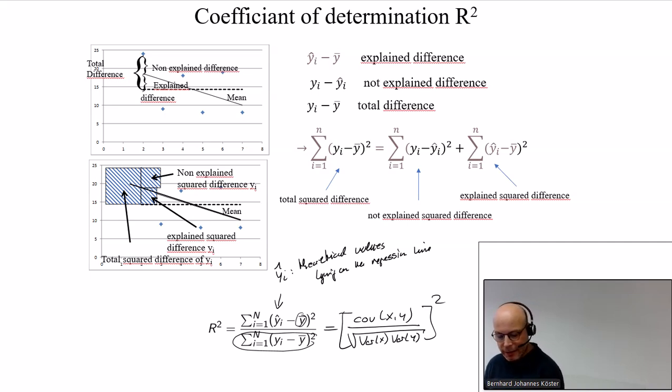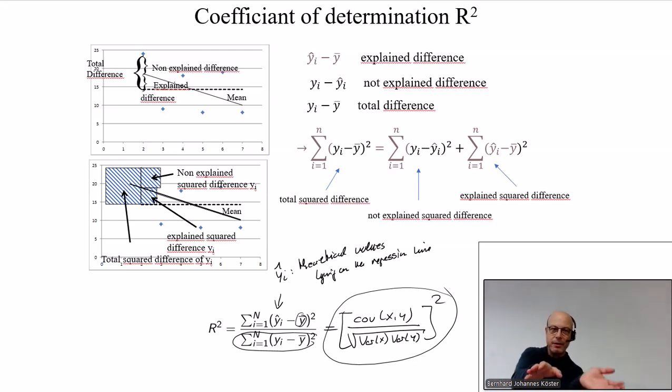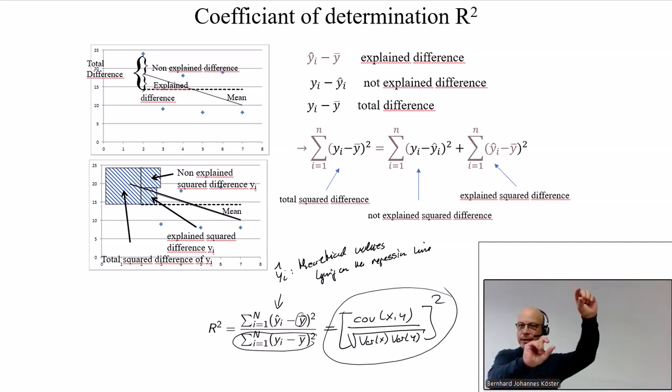This is equal to our definition of the coefficient of determination, and this then means by turning our linear line, decreasing, so to speak, the distances, that then we can interpret this.